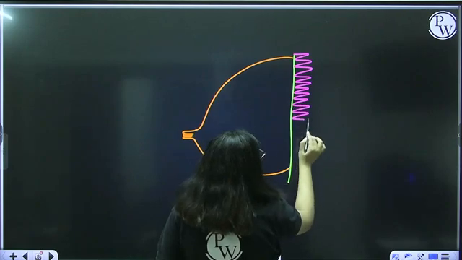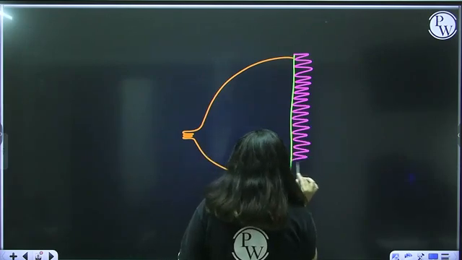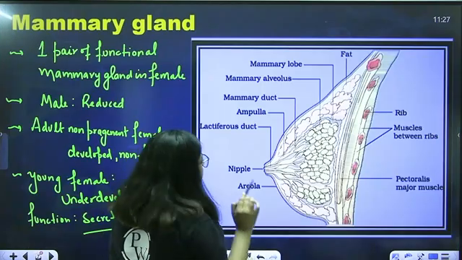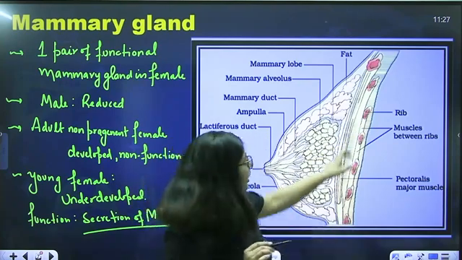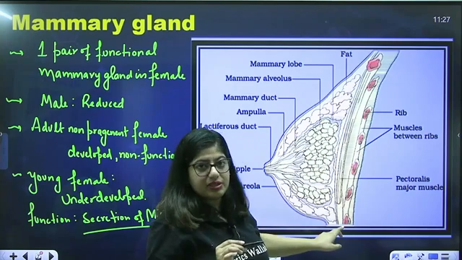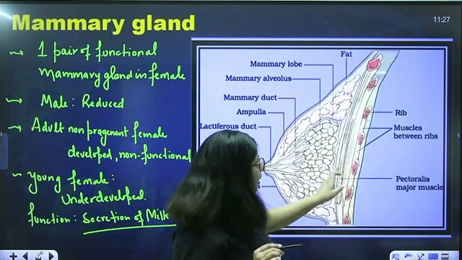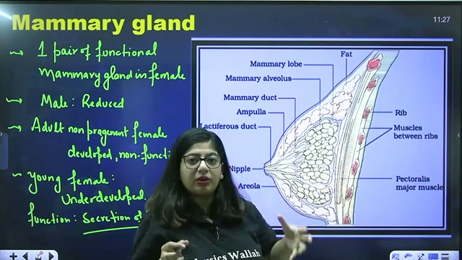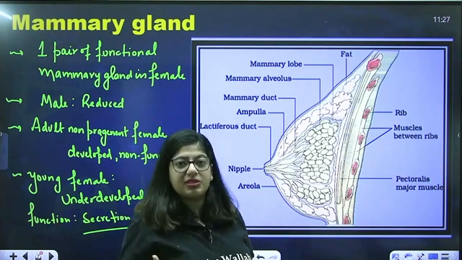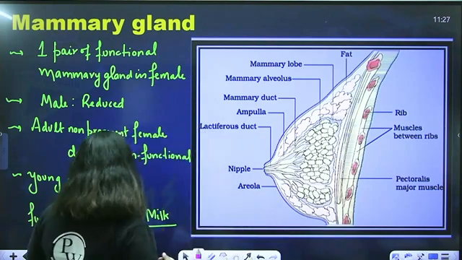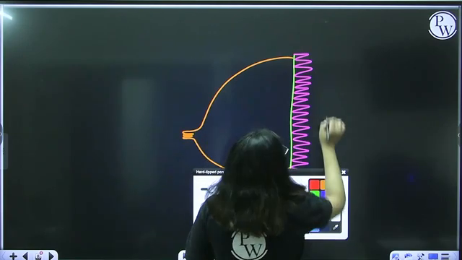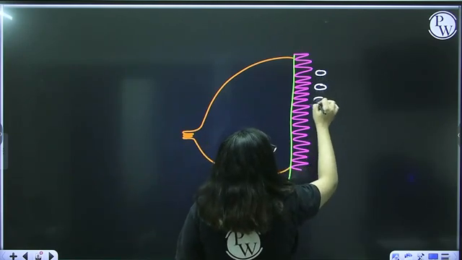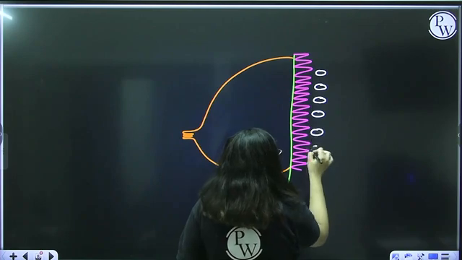You can see in this diagram, here ribs are present, and here the muscles are present. The muscles are going to support them because they are heavy, so we need some support, and that support is given by muscles. So here we have pectoralis muscles, and then we have ribs. These are the cut sections of the ribs.